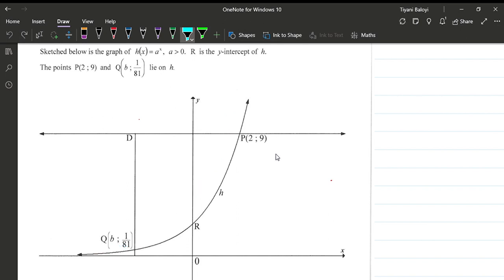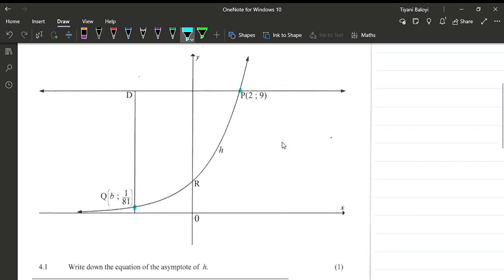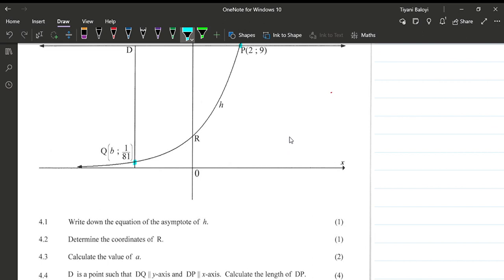And we also can see these points they've told us about. Q is in the fourth quadrant, and P is in the first quadrant. And we have our y-intercept here, R, and then we have the x-axis and the y-axis. Okay, so we can get started with our questions.